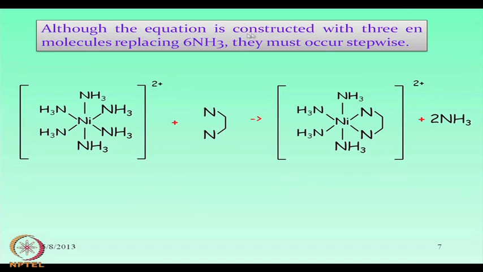So, this equation was constructed with the 3 En molecules replacing 6 ammonia molecules, and they must occur in a stepwise fashion.